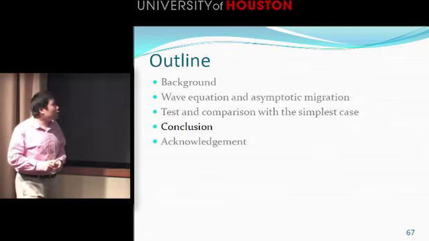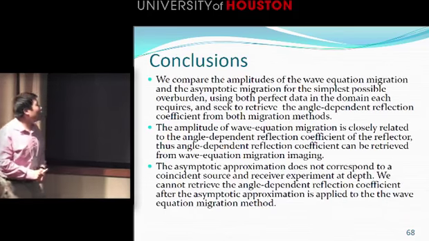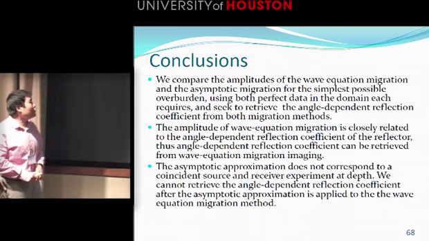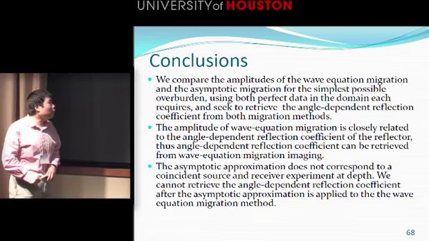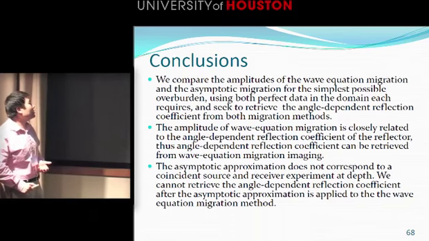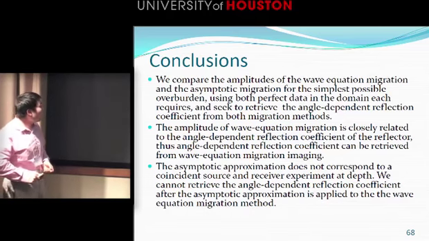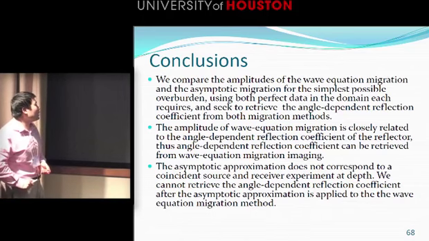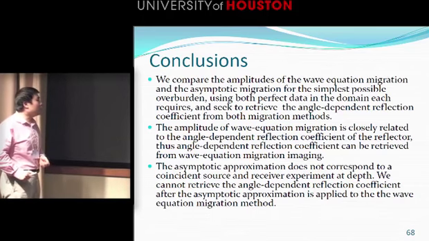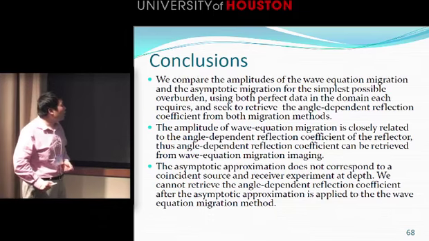Now let's draw the conclusion. We compare the angle-dependent amplitude of the wave equation migration and the asymptotic migration for the simplest possible overburden, using both perfect data in the domain each method requires, and seek to retrieve the angle-dependent reflection coefficient from both migration methods. The amplitude of wave equation migration is closely related to the angle-dependent reflection coefficient of the reflector.